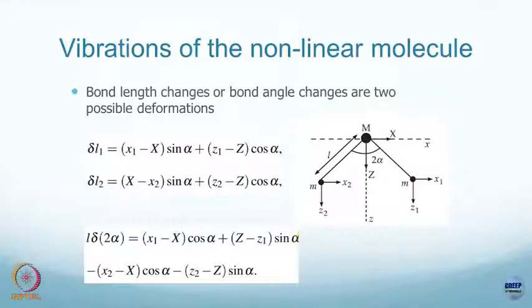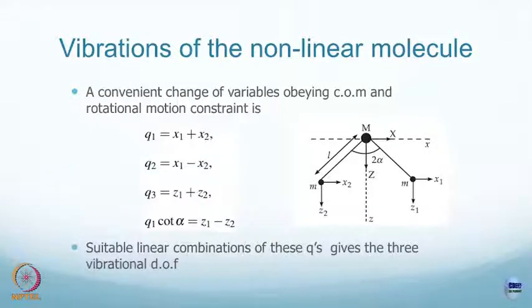So, the rotational deformation delta 2 alpha is given by these changes which involve x, x, z, all the 6 degrees of freedom and the angle alpha. So far so good.